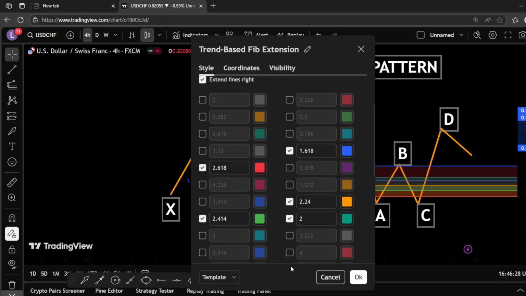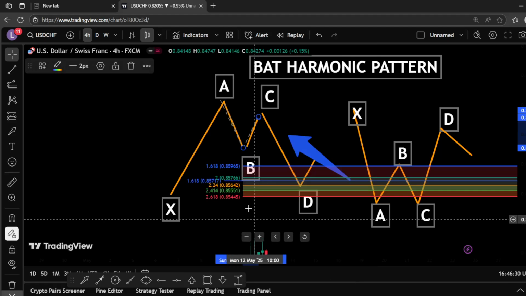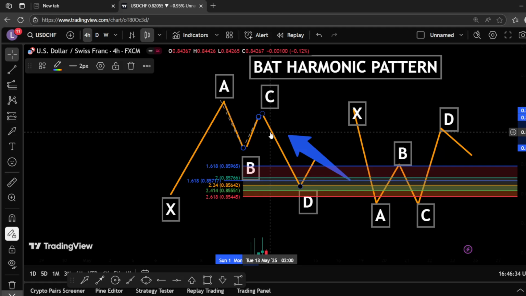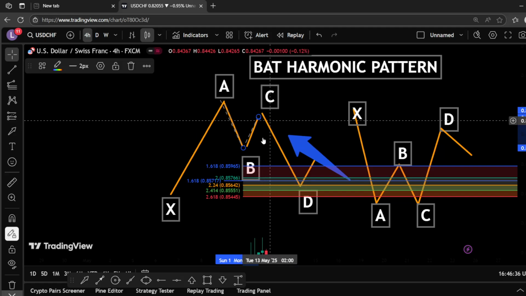So these are the five numbers that you need to measure your CB or BC leg.